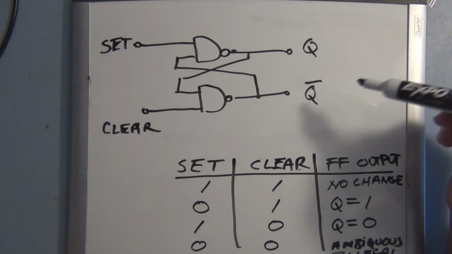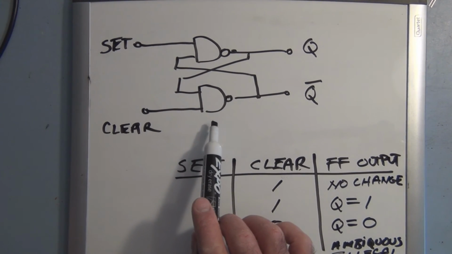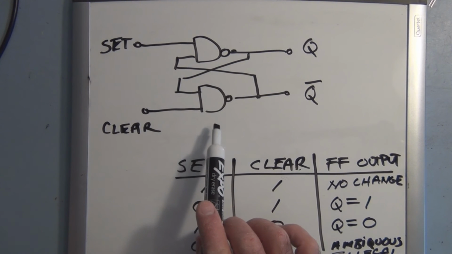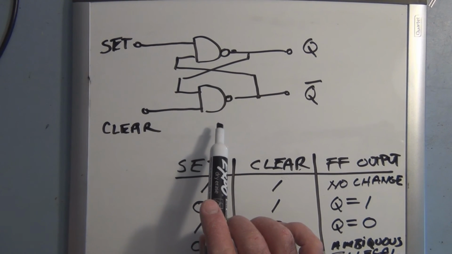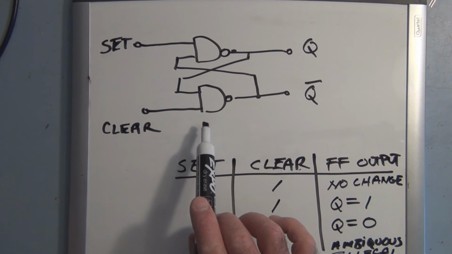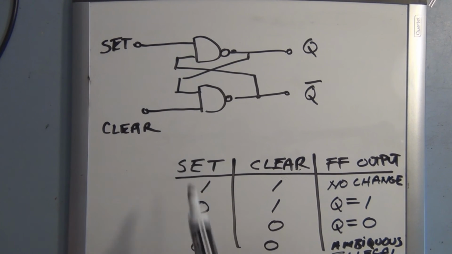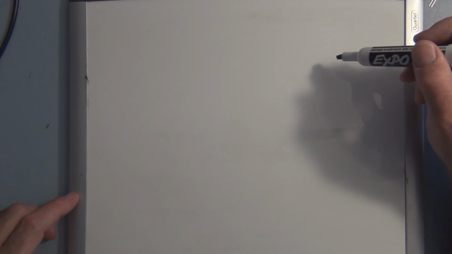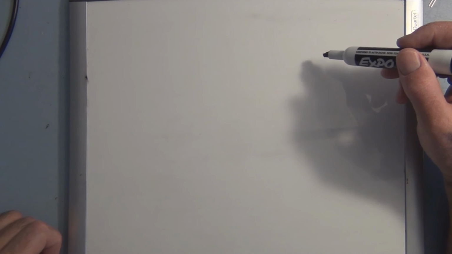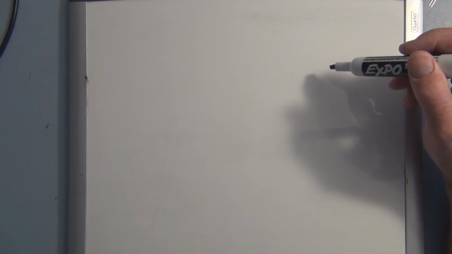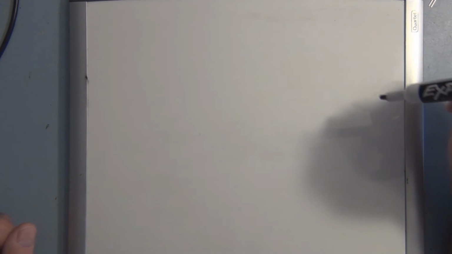And the reason for this difference is, if you recall, a NAND gate produces a low output only when both inputs are high. It's opposite of an AND gate, which produces a high output only when both inputs are high. So we built two flip-flops with NOR gates and NAND gates, but those aren't actually the logic symbols for a flip-flop.